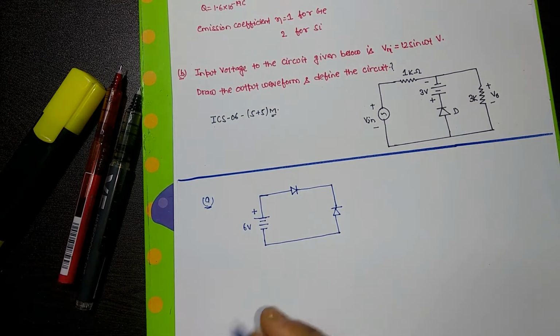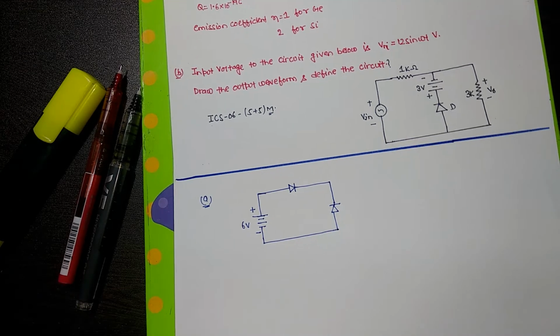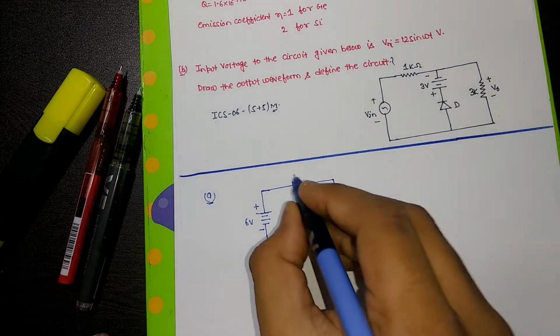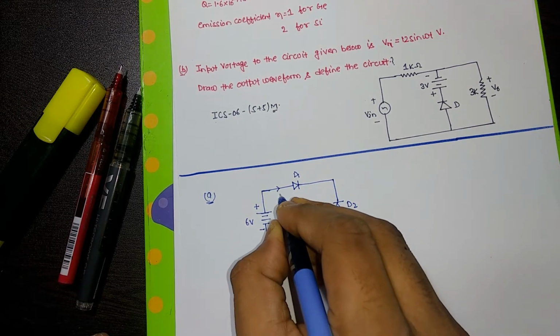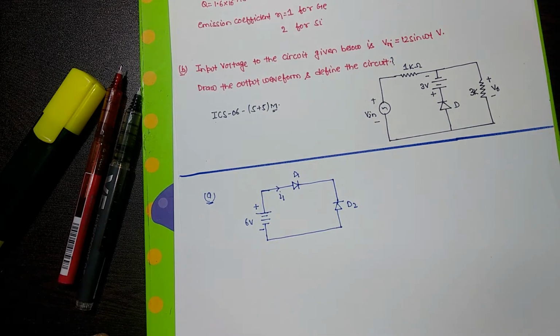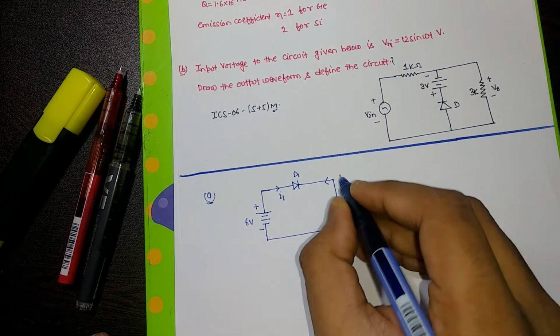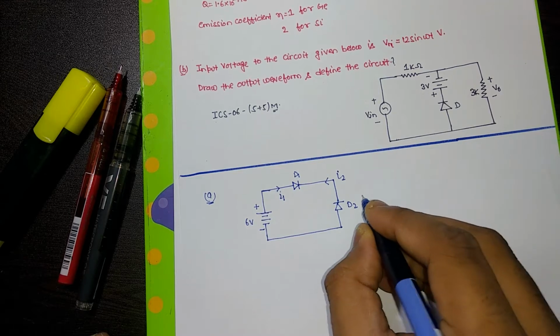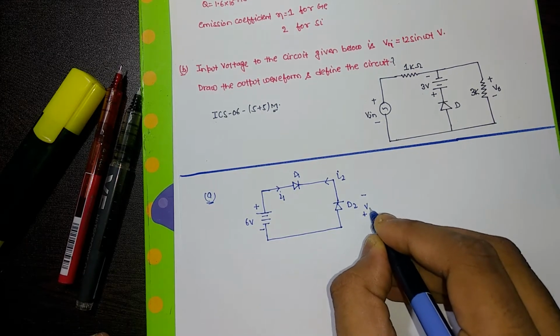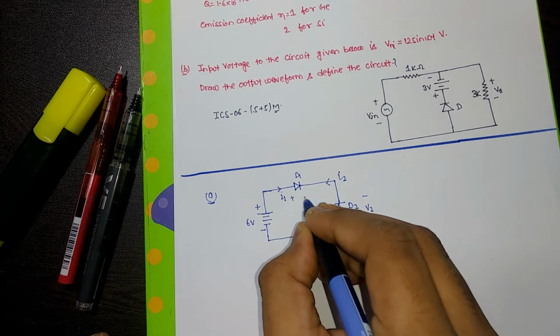Positive polarity is here, negative polarity is here. This is diode D1, this is diode D2. I1 is the current entering diode D1 and I2 is the current because of the forward conduction of diode D2. These are the voltage polarities of the diodes, V2 plus and minus, V1.